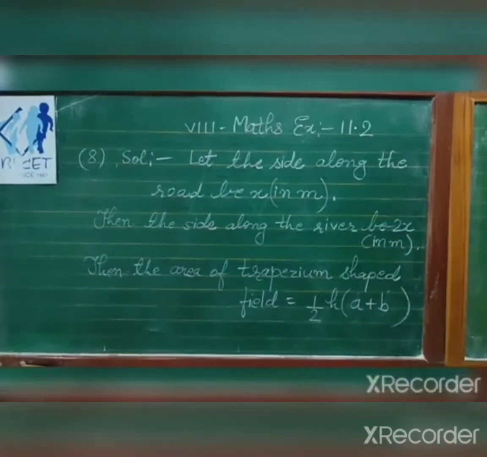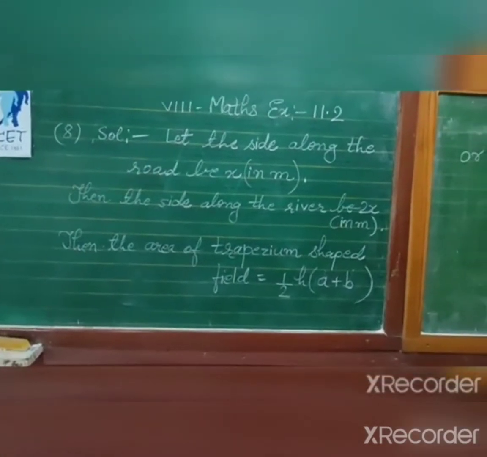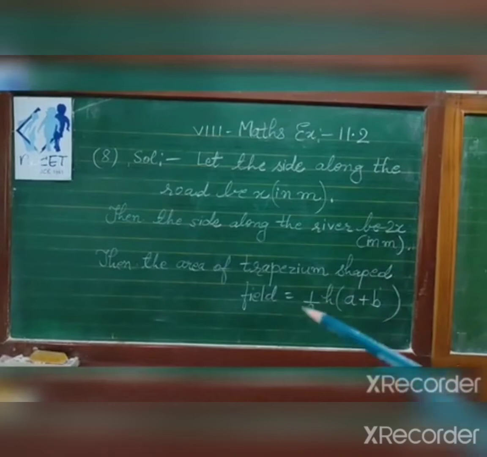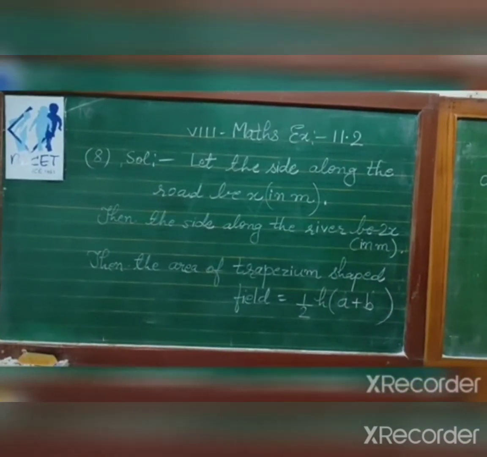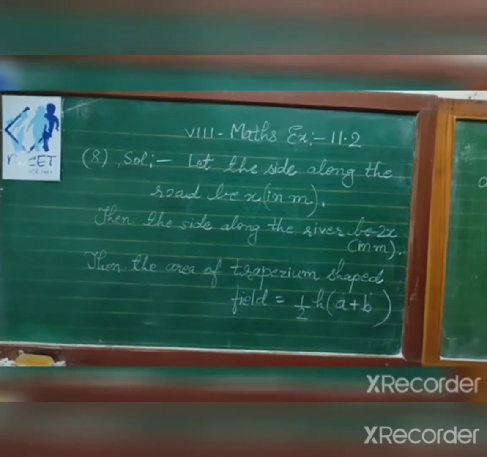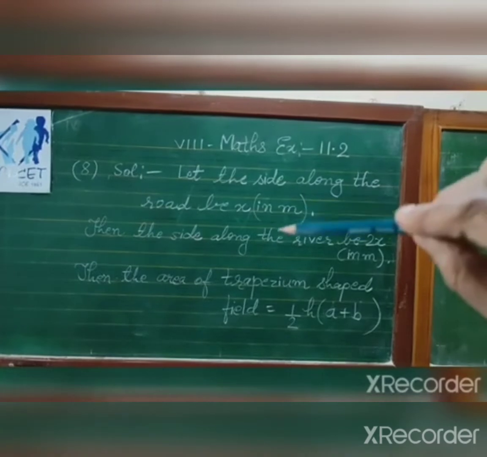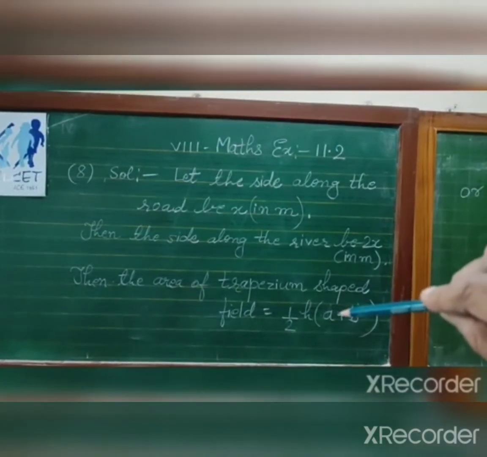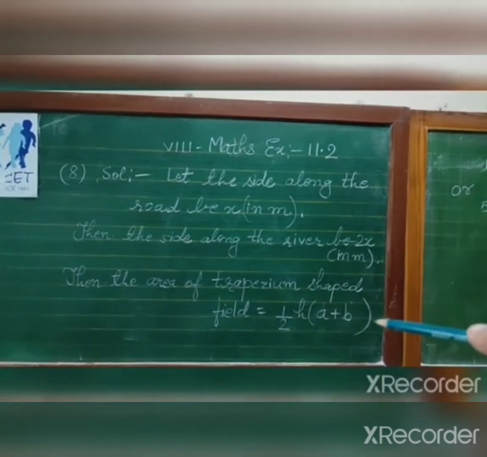Let us start. Now first we assume let the side along the road be x in meter. Then the side along the river be 2x in meter. Then the area of trapezium shaped field is half into h, parallel sides, the addition of opposite parallel sides. So along the road, we already assumed this x and this along the river 2x.